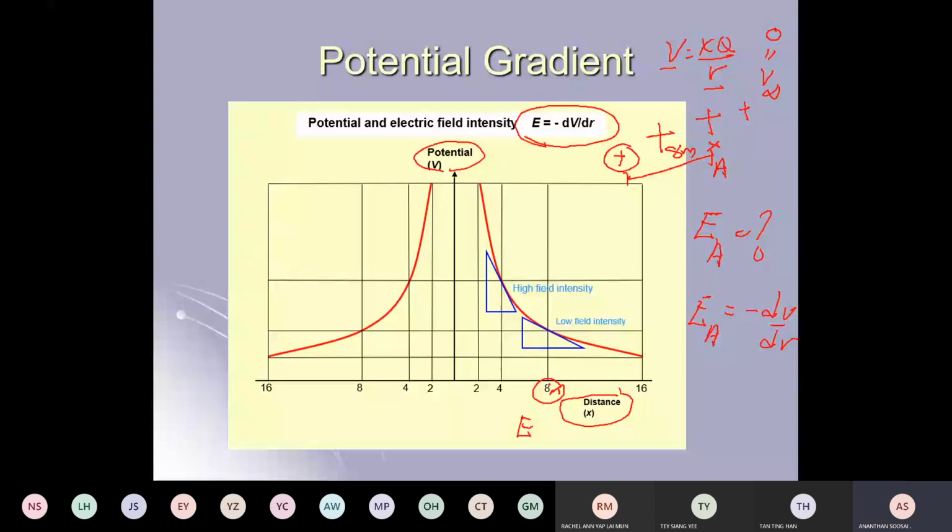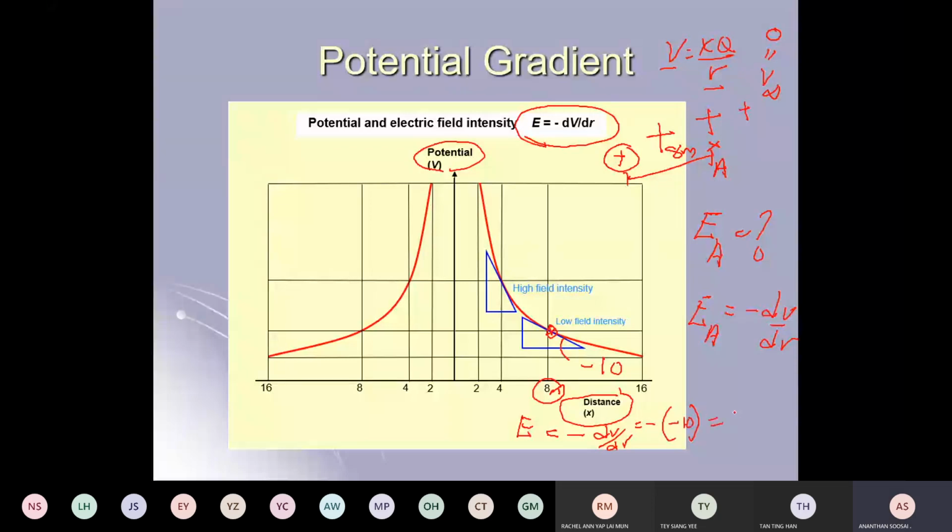I want to find the electric field strength. So at this graph, how do you find it? At this point, find the gradient. Draw a tangent, find the gradient. Let's say the gradient you get here is negative 10. Then what is the electric field strength? It is the negative of the potential gradient, so negative of negative 10.